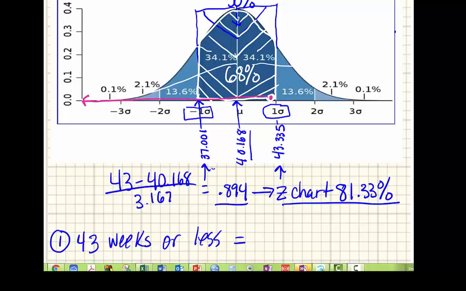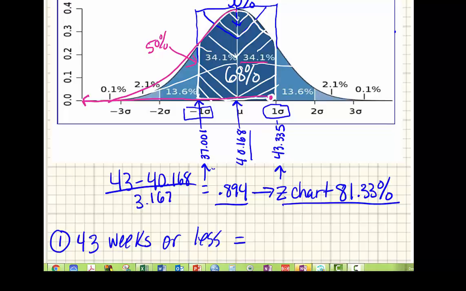So we could eyeball it. We could say that if this is 50%, from here all the way back to there, that part is 50%. And this is really darn close to 34%.